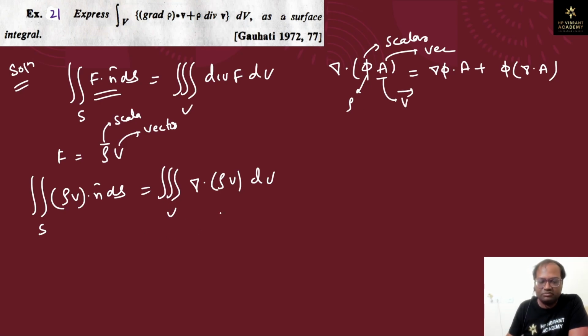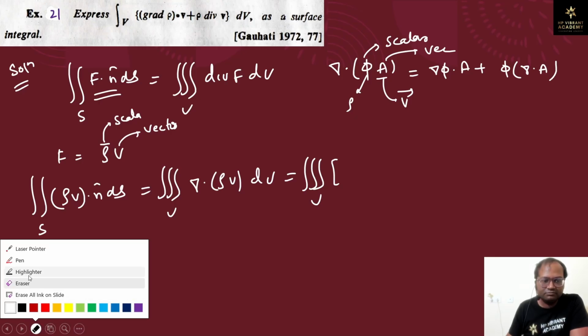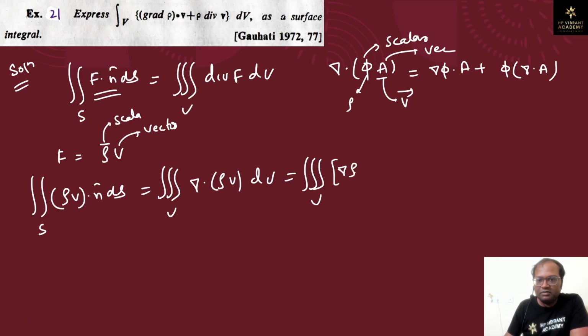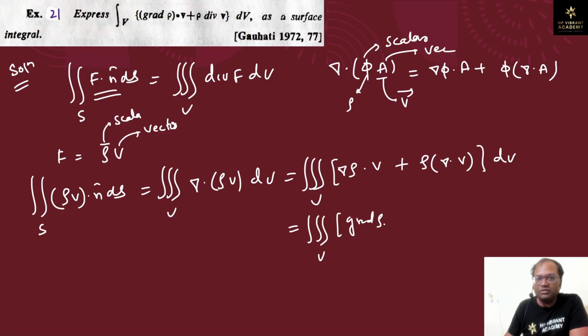Let us take phi as rho and A as V vector. So this is equal to volume integral of del rho dot V plus rho times del dot V dV. This is equal to volume integral of gradient of rho dot V plus rho times divergence of V dV.